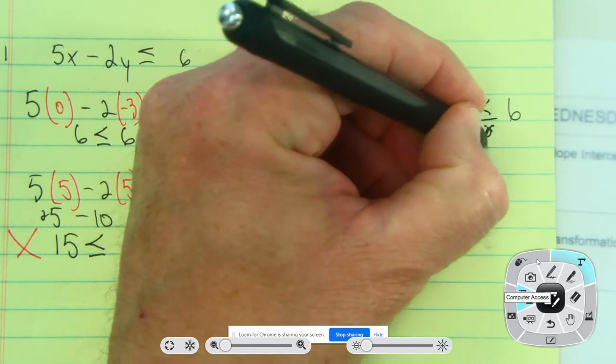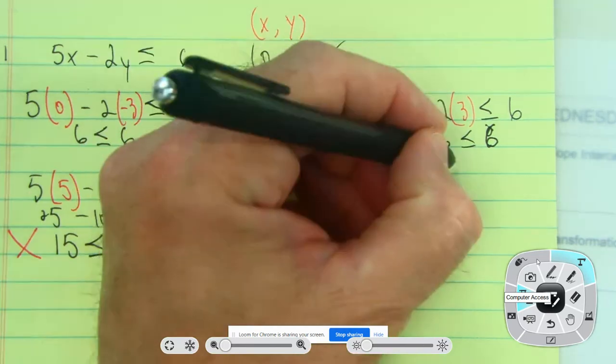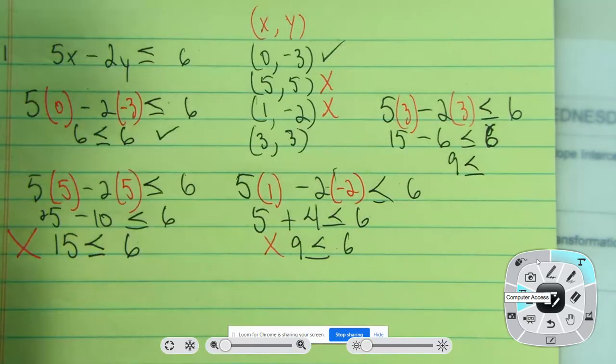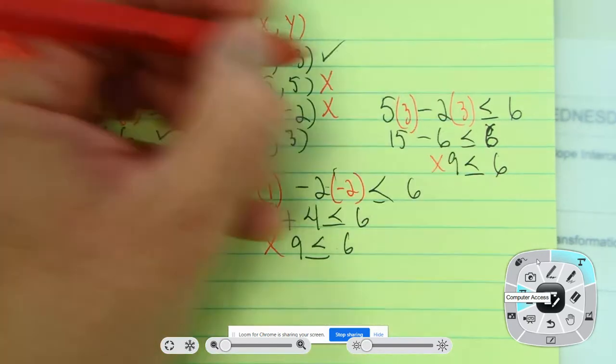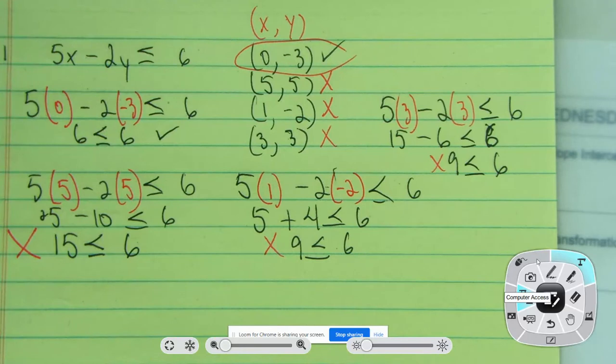And I need to know, is that less than or equal to 6? 15 minus 6 is 9. 9 is still not less than or equal to 6. So that also is not a solution. So I only have one solution, and that's 0 and -3. All others there are not solutions.